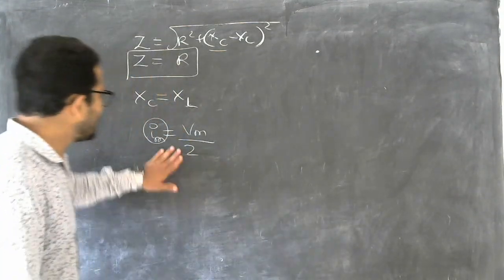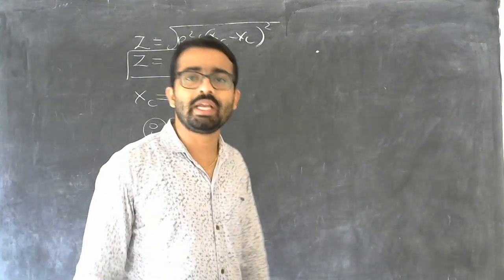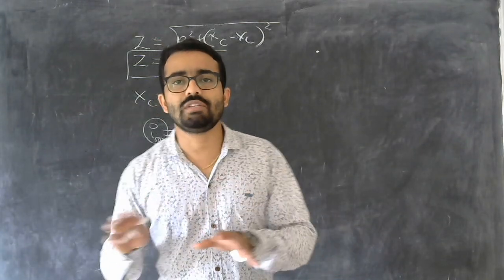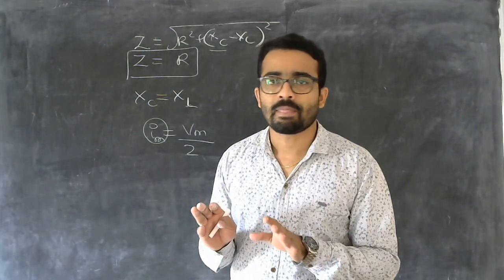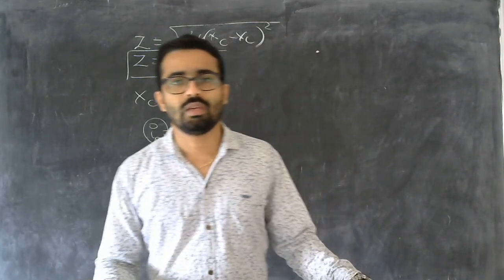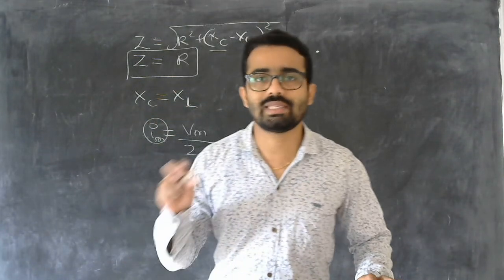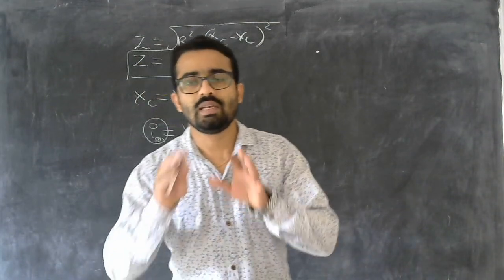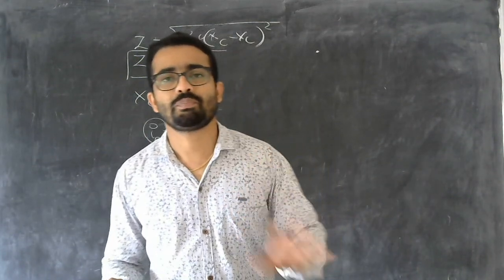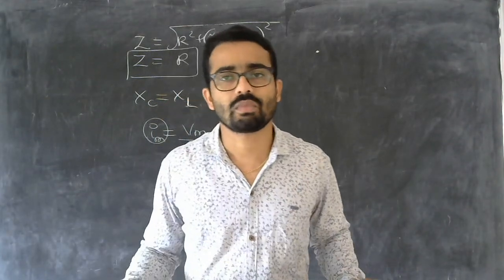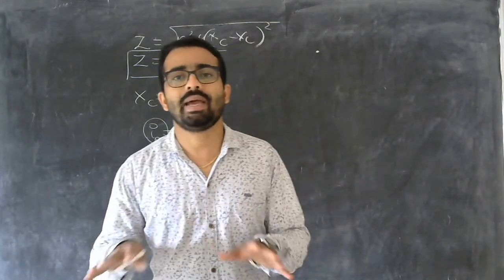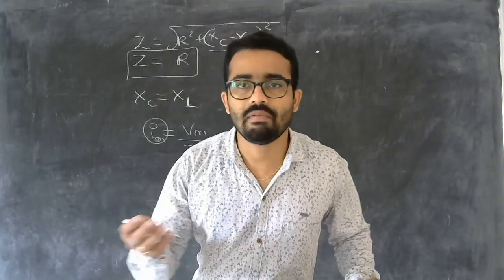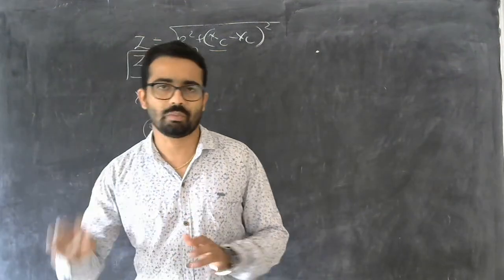And this resonance condition can also be obtained by varying the frequency. Actually, the main use of resonance is in radios and televisions. I already told you the example of radio and television: these signals are sent by a station with a particular frequency, to be received by the antenna in our TV or radio.